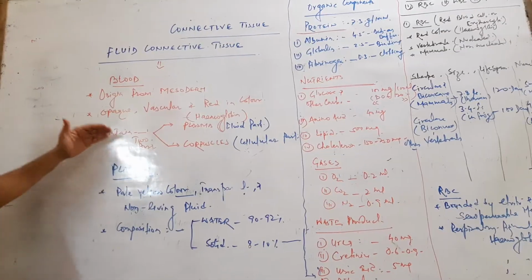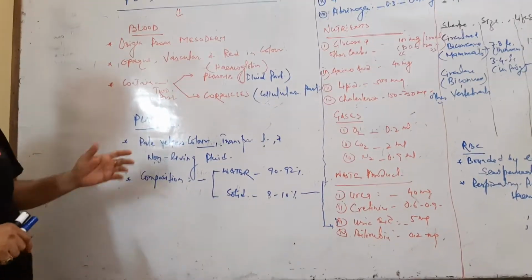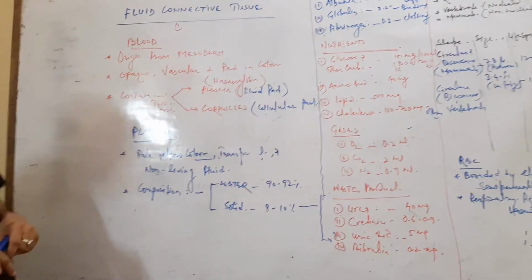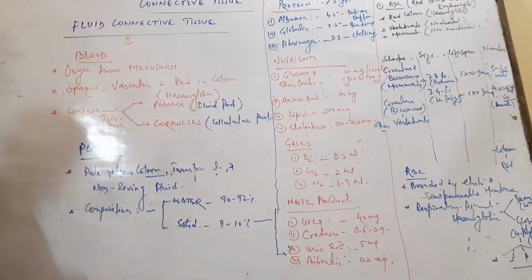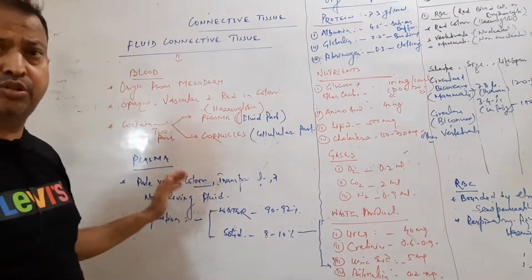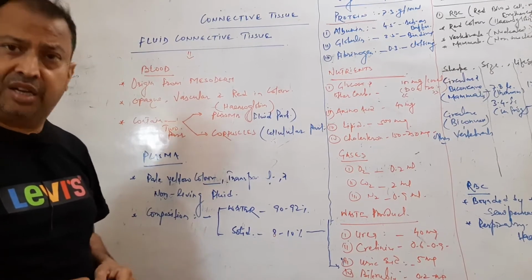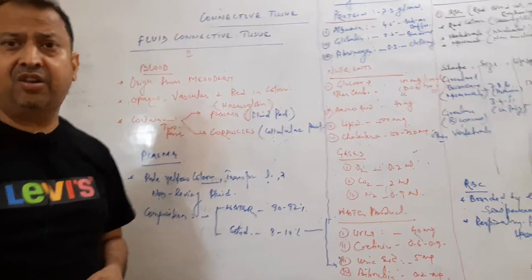Now we come to the plasma. Plasma is a yellow colored, transparent, non-living fluid. 92% of plasma is water and the rest consists of organic and inorganic substances.